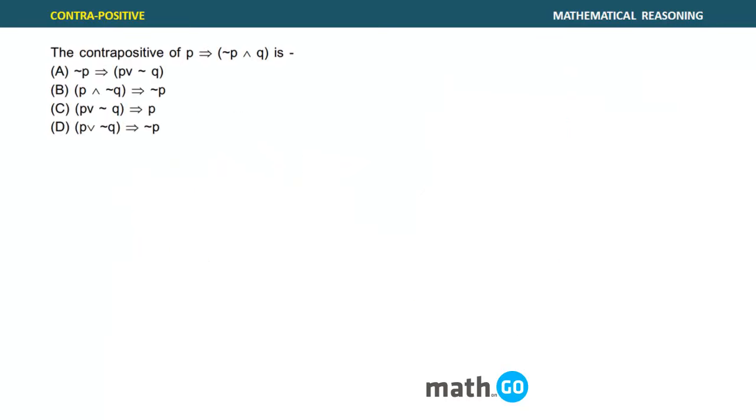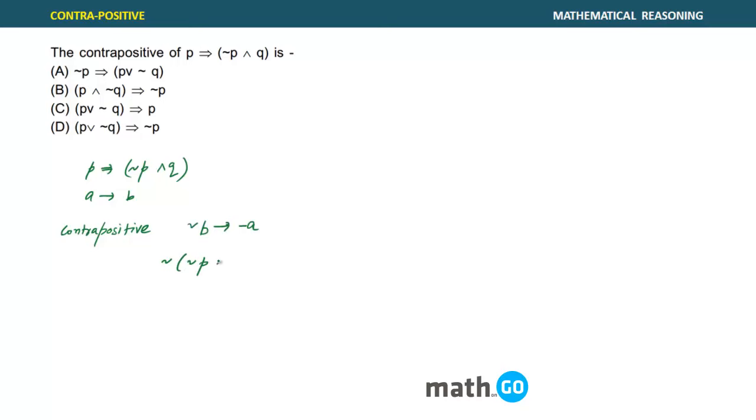Let's take a problem to understand the contrapositive. So it is given that P implication negation P and Q. You want to find the contrapositive of this. So for me this is A and this is acting as B. What is the contrapositive of A implication B? Yes, you are right, it is negation B goes to negation A. So just replace these values now.